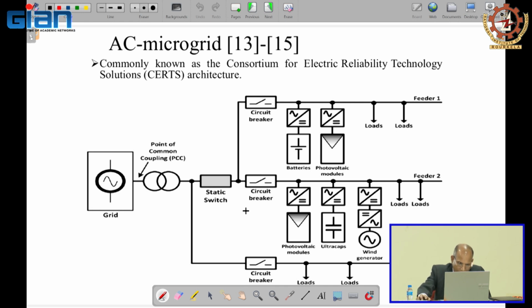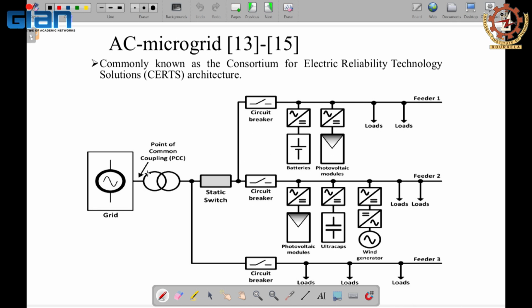So here obviously you have the grid, and with this grid you will connect the microgrid, and of course where you connect it is the point of common coupling.